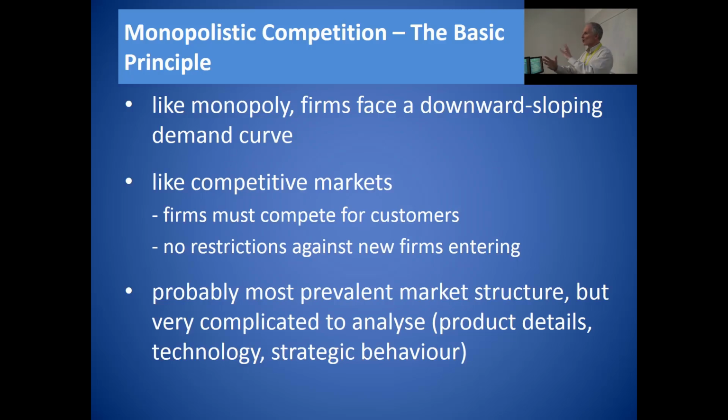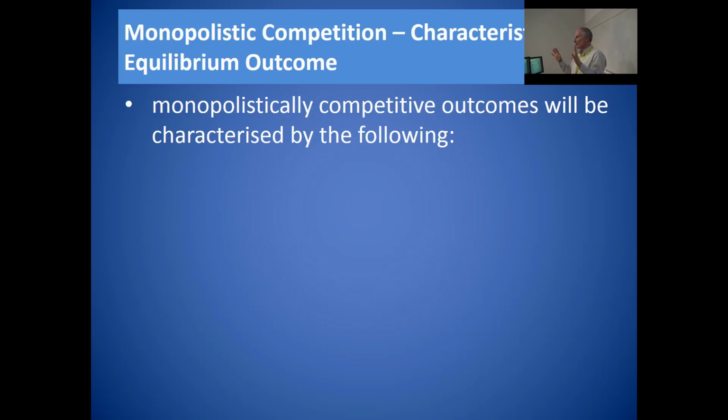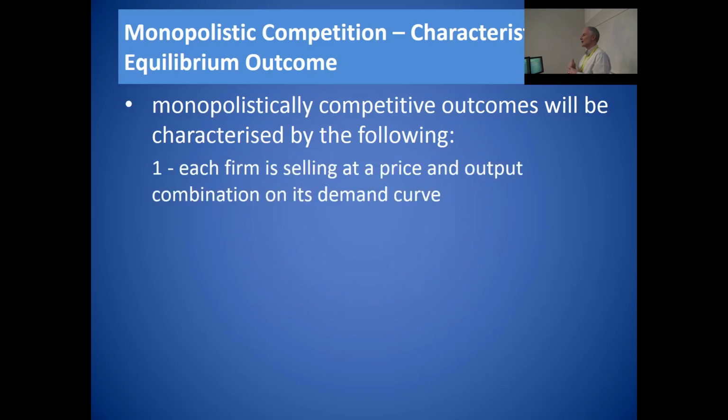What I don't want to do is go into the industrial economics aspects of monopolistic competition, but I do want to give you an overview of what the equilibrium outcome within such a market will look like. And there are going to be three key aspects of this. In a moment, we'll see the diagram, but this diagram will be characterised by these three key points. The first two are obvious. The third one is a little bit more tricky.